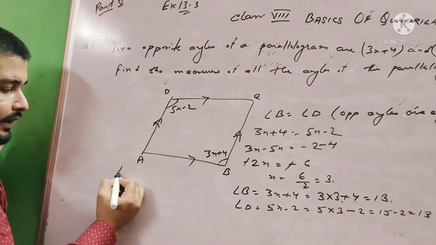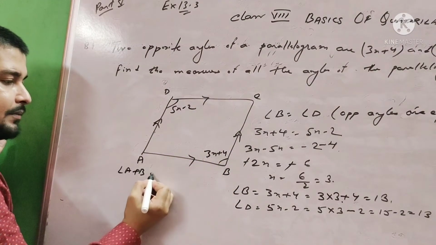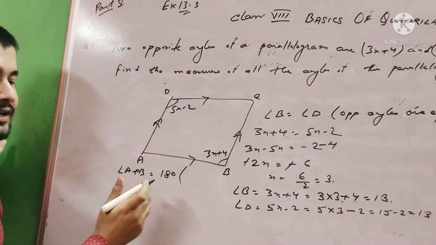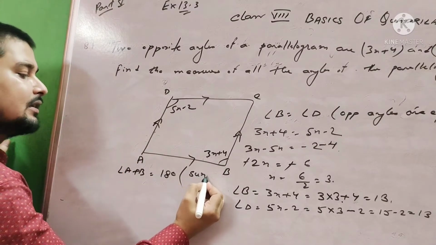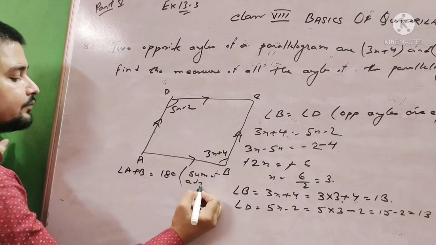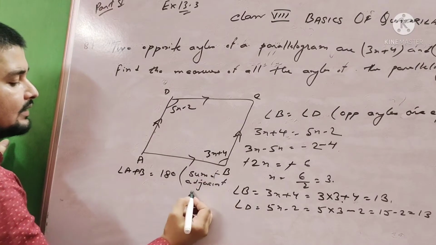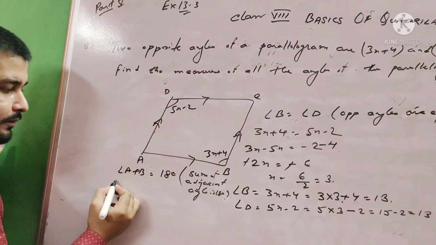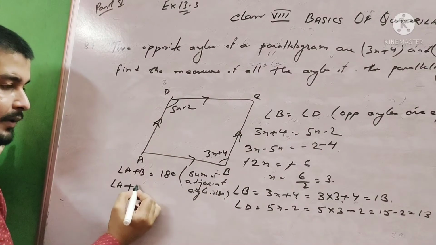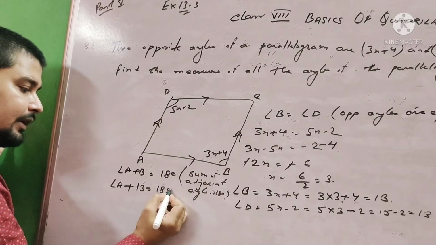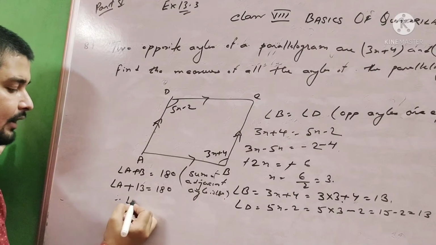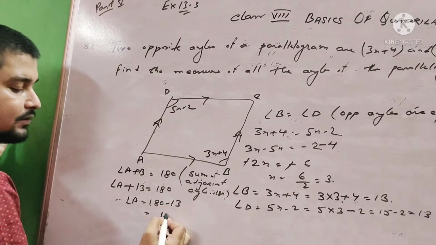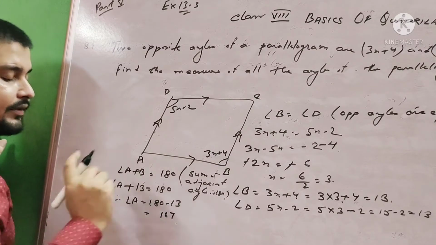We know that angle A plus angle B equals 180 degrees. The reason: the sum of adjacent angles is 180 degrees. So in place of B we write 13, A plus 13 equals 180 degrees. Therefore angle A equals 180 minus 13, that is 167.